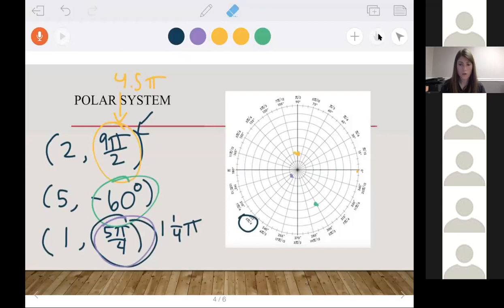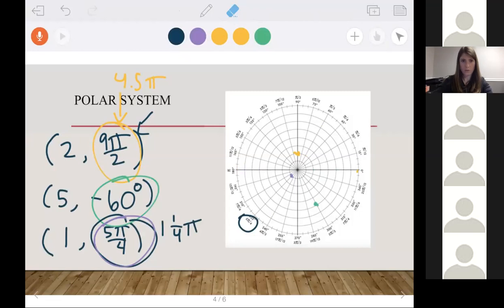Okay, so what I'm going to have you guys do is, if you have a blank Desmos page, let me actually go back into another Desmos page. And normally when we open up Desmos, Desmos says, hey, I think you're thinking about rectangular form.